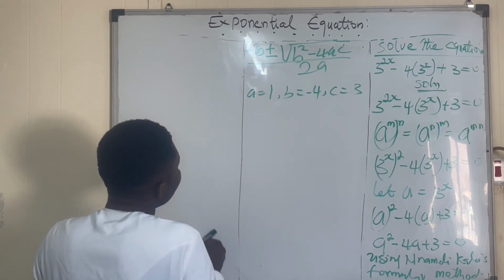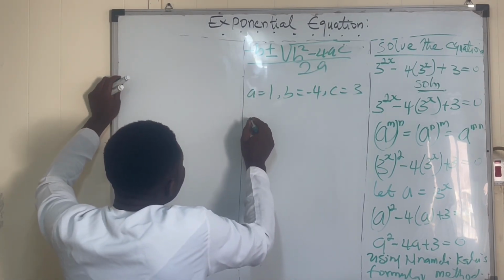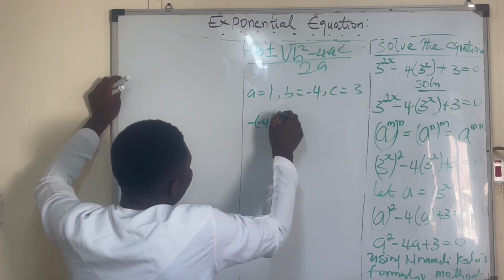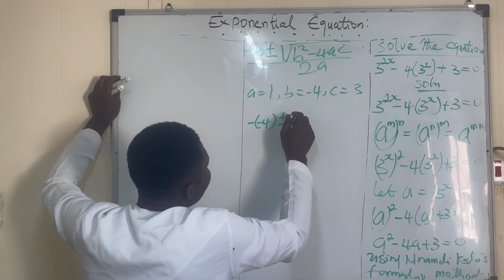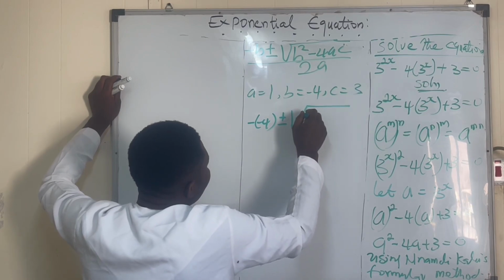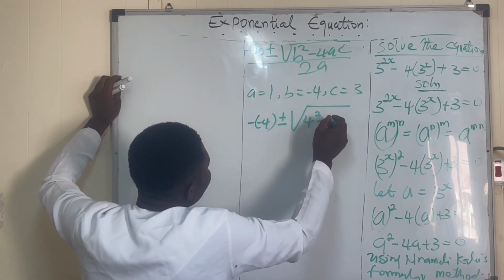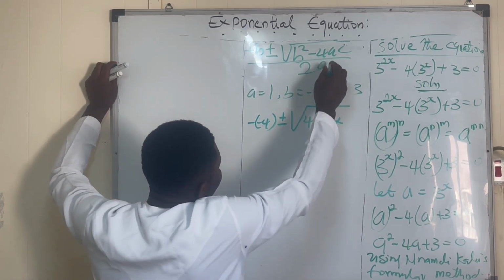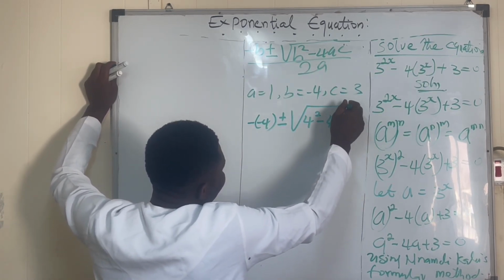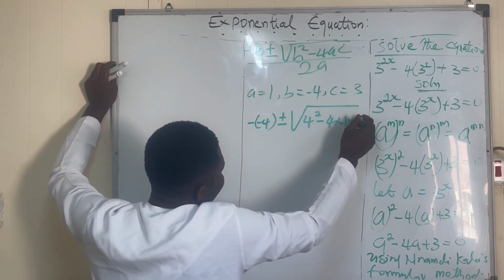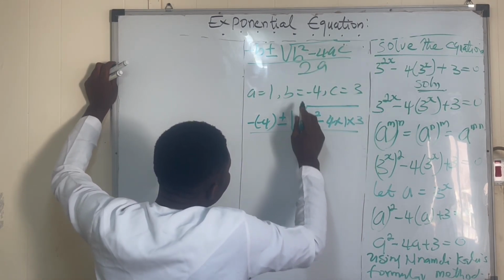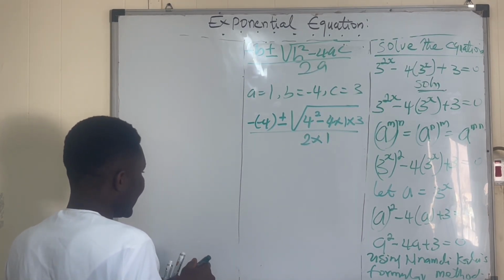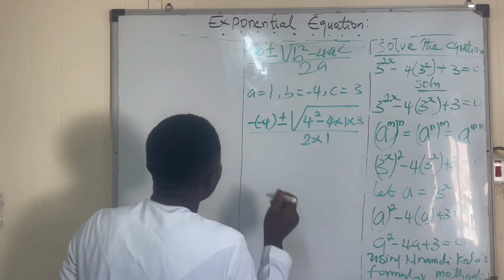So from here, you have minus bracket minus 4, plus or minus the square root of 4 squared minus 4 times a, which is 1, times c, the constant, which is 3, all over 2 times a, which is 1.